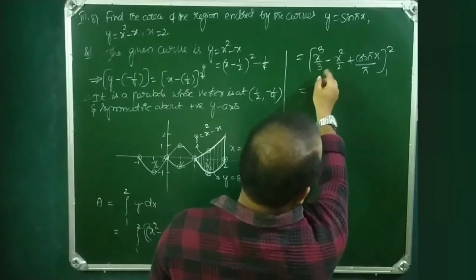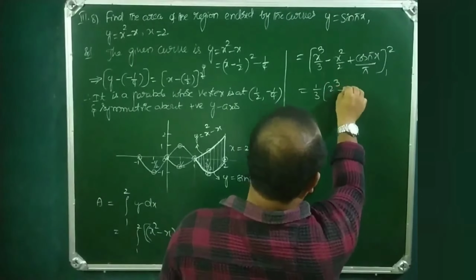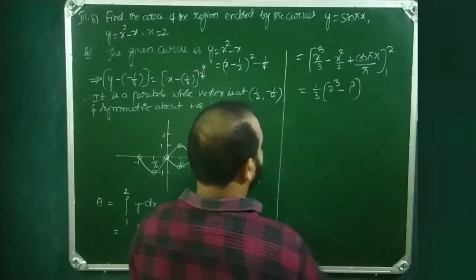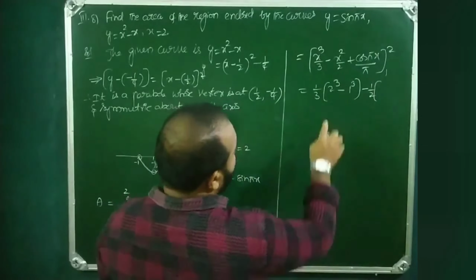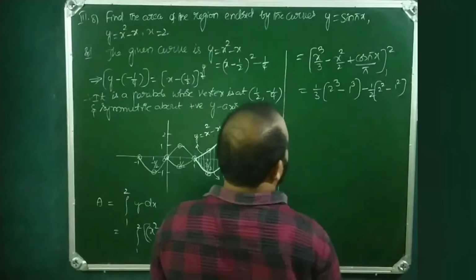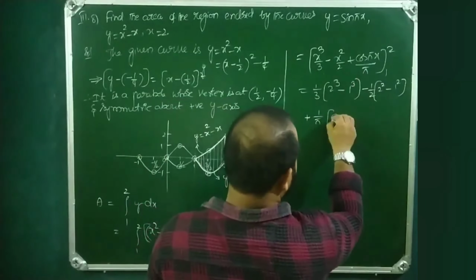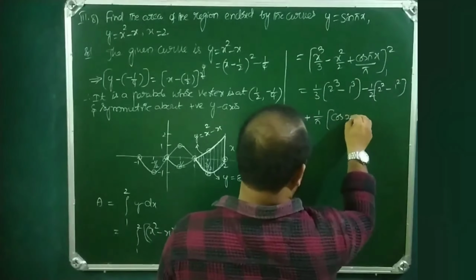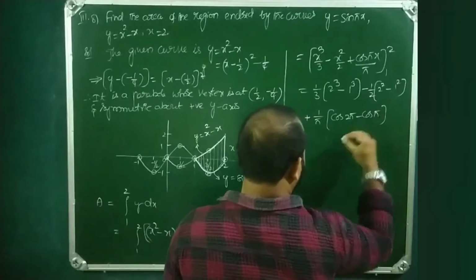So x cube by 3 is 1 by 3 into 2 cube minus 1 cube, minus 1 by 2 into 2 square minus 1 square, plus 1 by pi into cos pi into 2 minus cos 1 into pi.